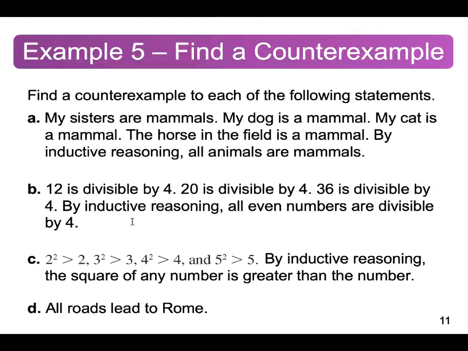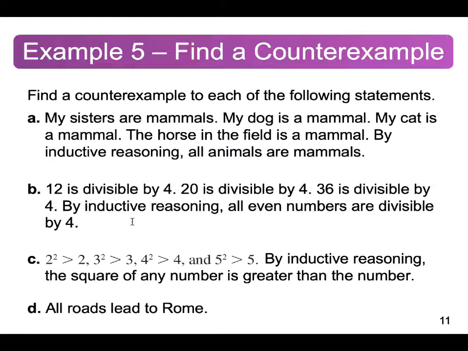Letter A: my sisters are mammals, my dog is a mammal, my cat is a mammal, the horse in the field is a mammal. By inductive reasoning, all animals are mammals. This becomes an inductive reasoning problem because we're listing a bunch of specific examples of mammals.